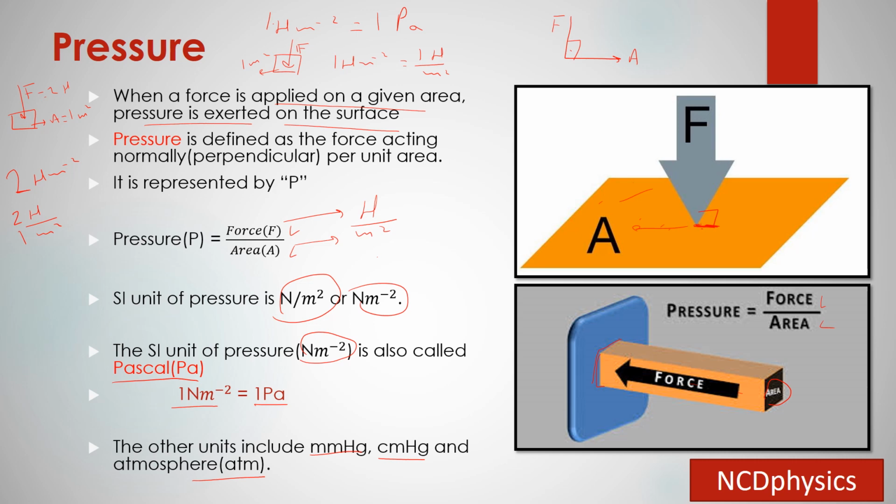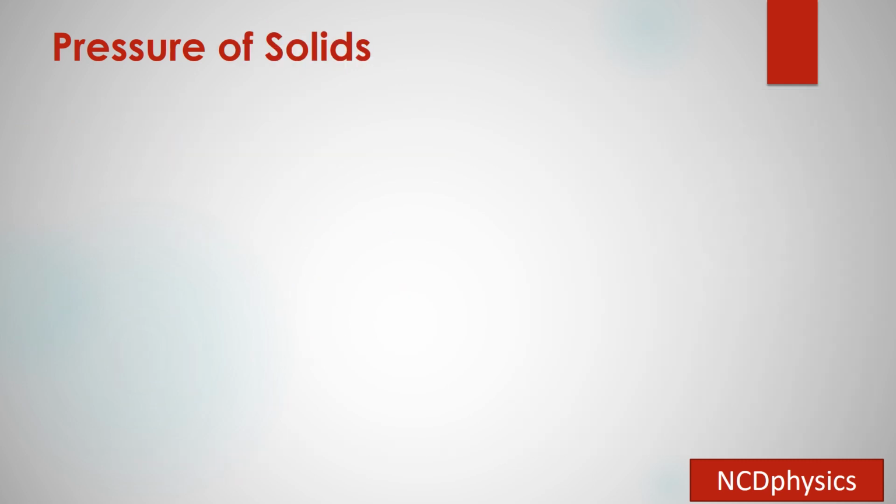Let me give you another example. Let's say 20 Newton per meter square. It means that per unit area, 1 meter square, there is 20 Newton force acting on it.